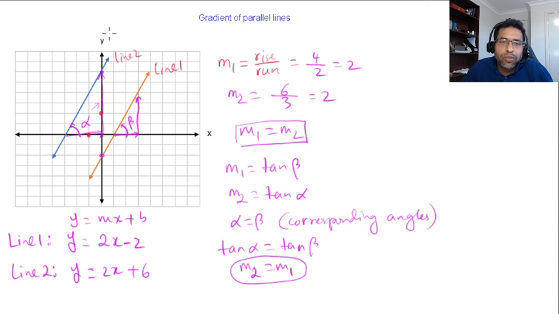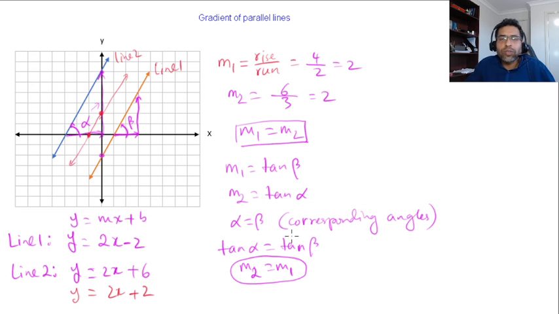If 4, then it would be 8, because it's 2 times, because 2 is the gradient. Now if I connect these points or even extend it, you can see you are getting another line which is parallel to the other 2 lines. And if I ask you what is the equation of that line, you can straight away say y equals 2x is the same. The only difference is the y-intercept, and here it is y equals 2x plus 2.